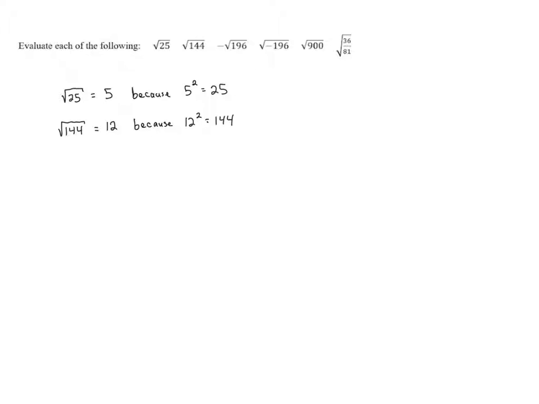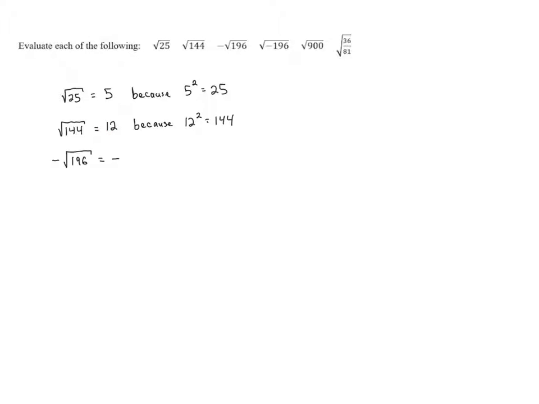Let's look at the next one. We have the negative square root of 196. When we have a negative number in front of a radical, that means we want the negative square root. And so we are going to have negative something. Now, we're looking for the square root of 196, and that's larger than 144, so we know the answer is going to be larger than 12.